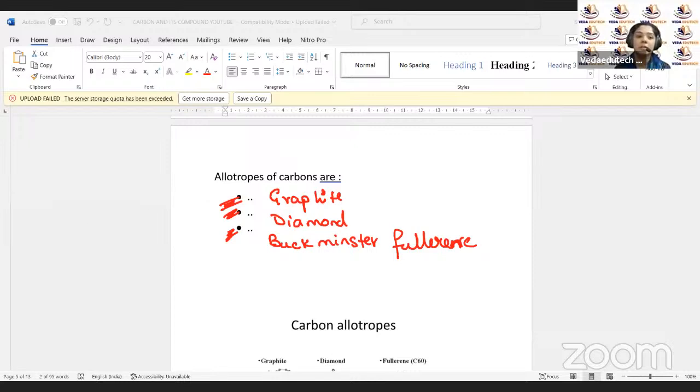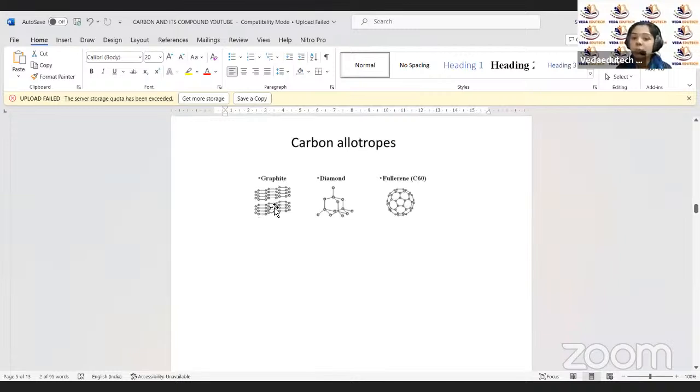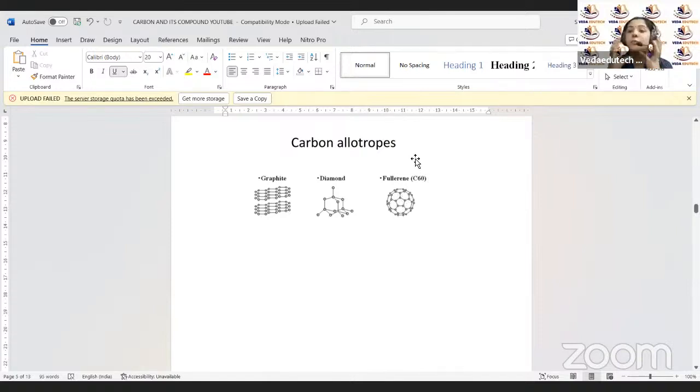We can see they look like this. This one is graphite, this one is diamond, and this one is fullerene. Fullerene is like a football. It looks like a football, a complete football shape.